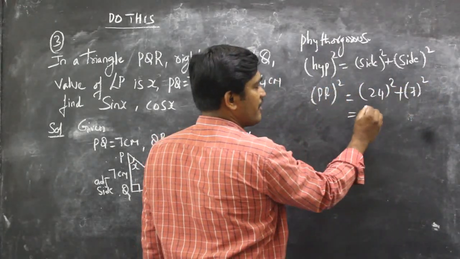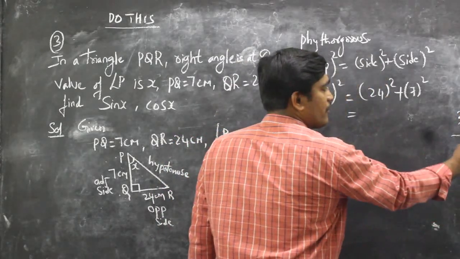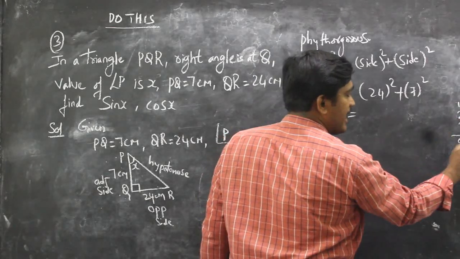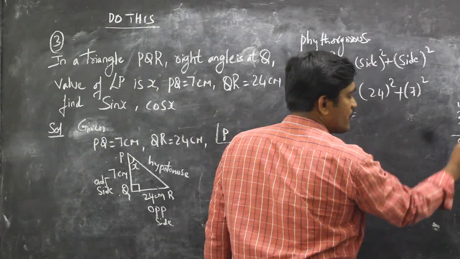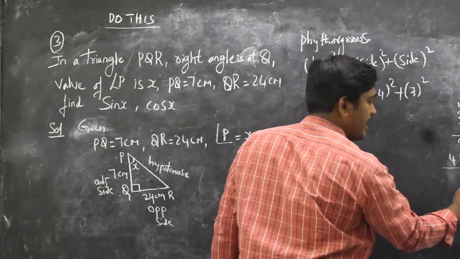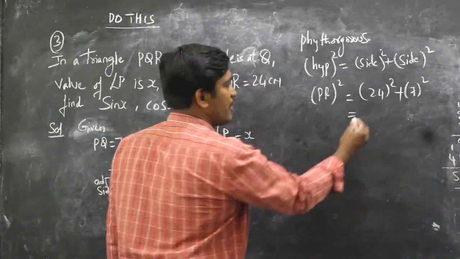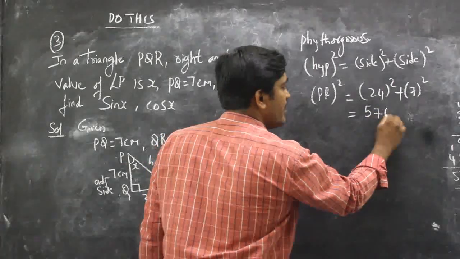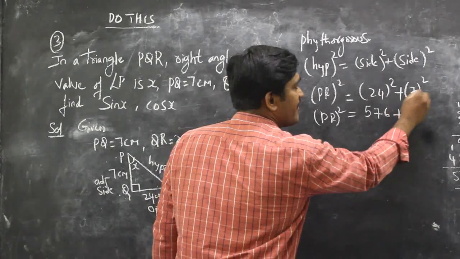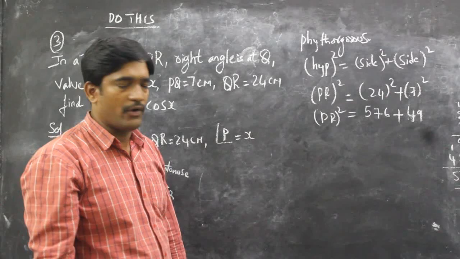Now 24 square is 24 into 24, which is 576. Plus 7 square, which is 7 into 7, that is 49.